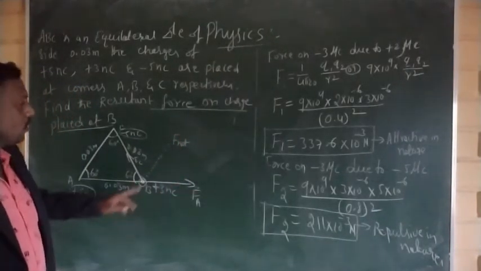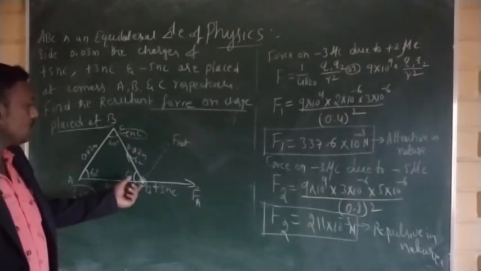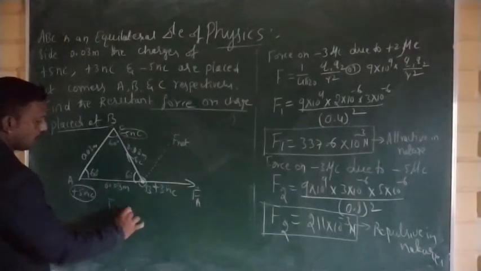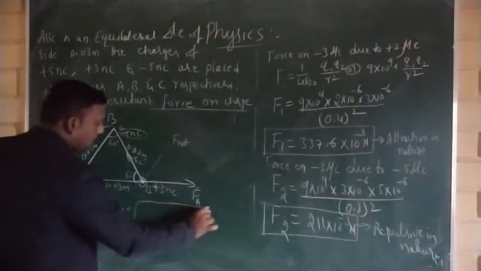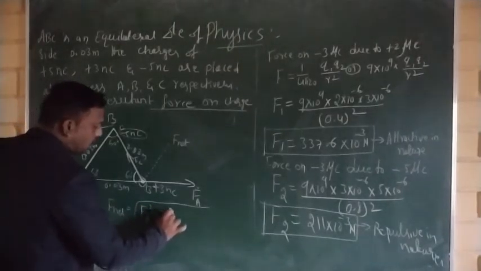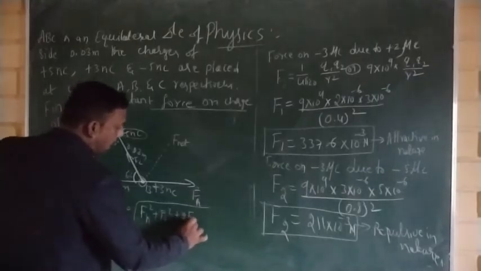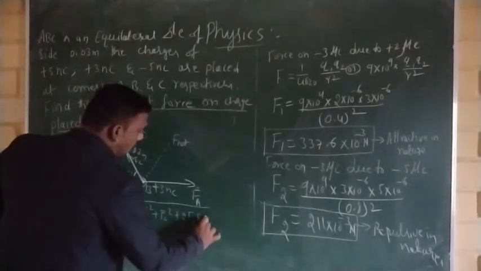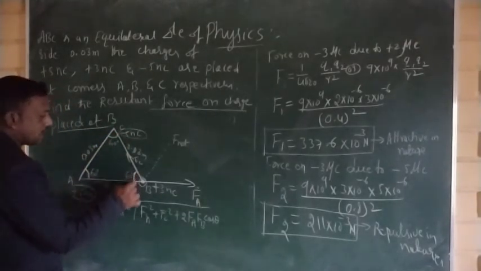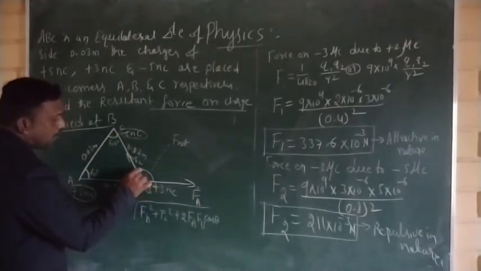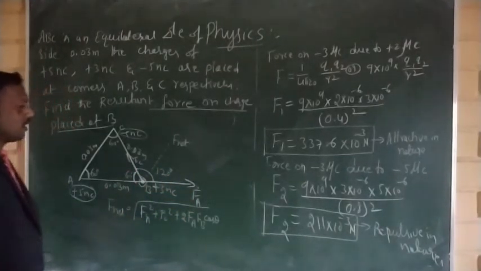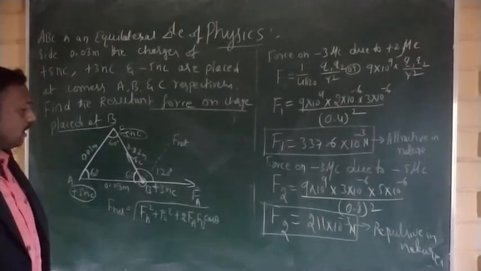The general formula is F net equals the square root of FA square plus FC square plus 2 FA FC cos theta. The angles here are 60 degrees, but the angle between FA and FC is 120 degrees.